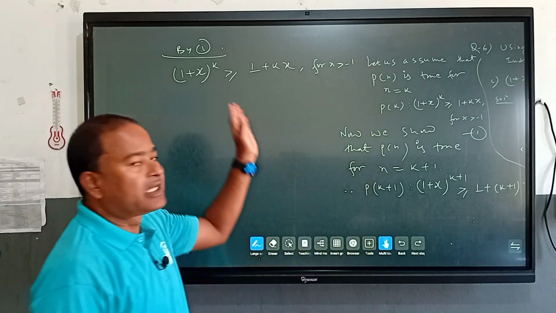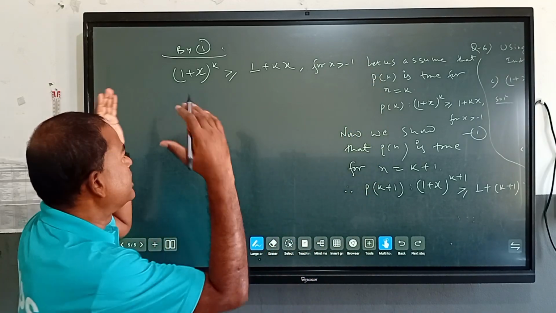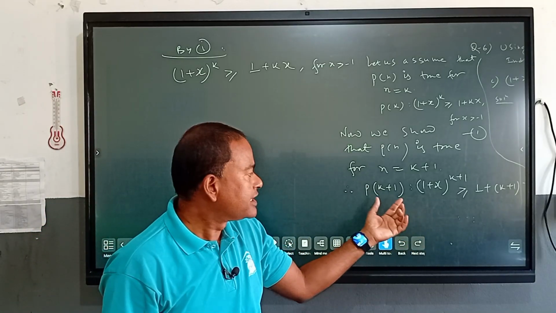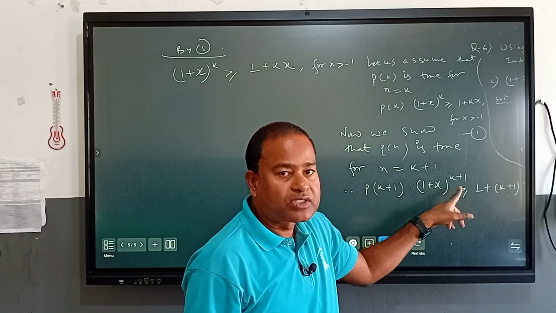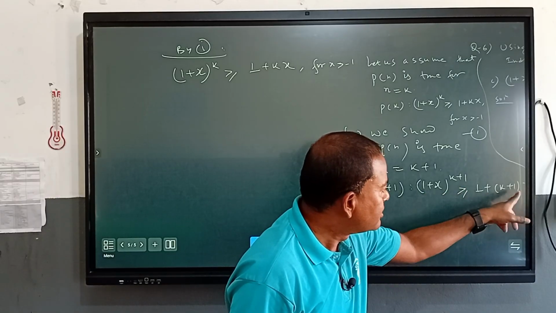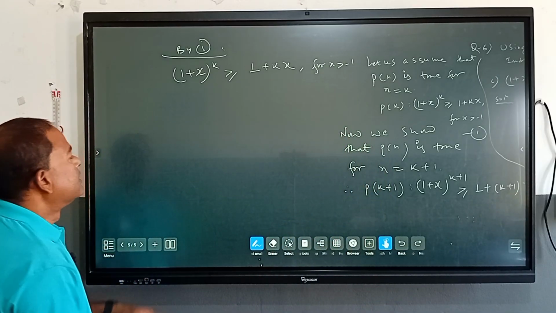So already we have assumed that the given statement is true for n equals k. So we can use it, and by using it we are going to show that the statement P(k plus 1), such that (1 plus x) whole power k plus 1 is greater than or equal to 1 plus (k plus 1) times x.